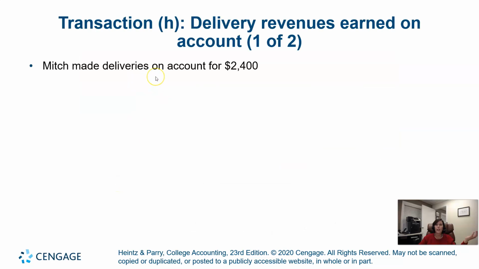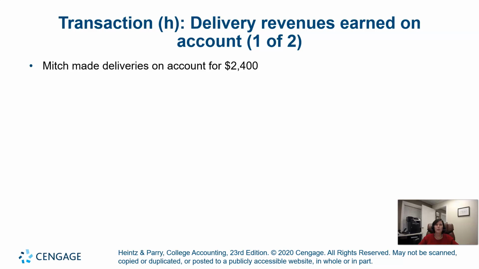Mitch made deliveries on account for $2,400. So again, the words "on account" ought to jump off the page at you at this point, because what it doesn't say is cash. So what that tells me is that Mitch did some work and Mitch didn't get paid. I know how that feels sometimes.